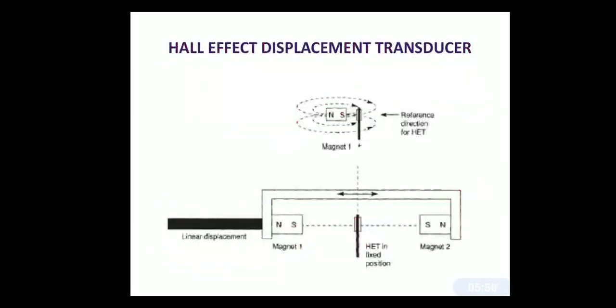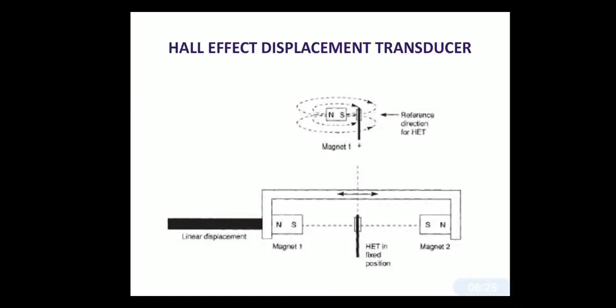So moving on to the Hall effect displacement transducer. Here the same principle which we studied just before is used for the measurement of displacement. How is this Hall effect transducer used for measuring displacement? The arrangement is shown at the bottom. You can see the HET, that means Hall effect transducer, in a fixed position.